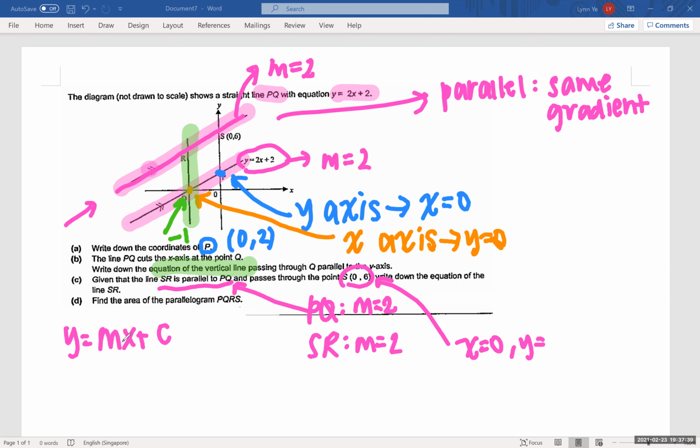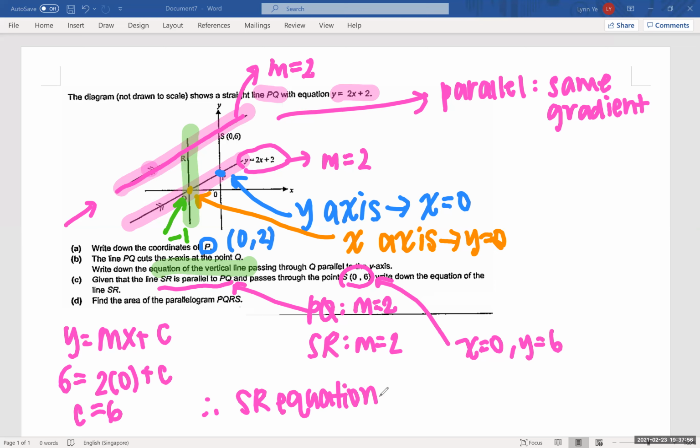Okay, so with that, I'm going to put 6 is equal to the gradient of 2, 0 plus c. So this will give me 0, so c is equal to 6. So with that, I know that my SR equation will be y equal to mx plus c, right? Y equal to m, and I know my m is 2, x plus, and my c is 6. And that's it for my c equation.